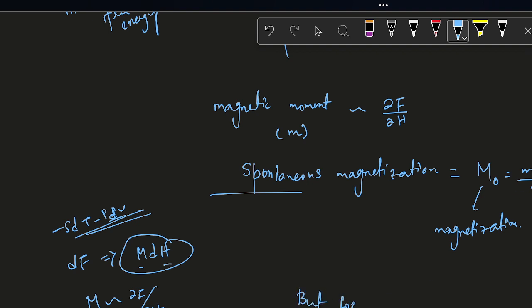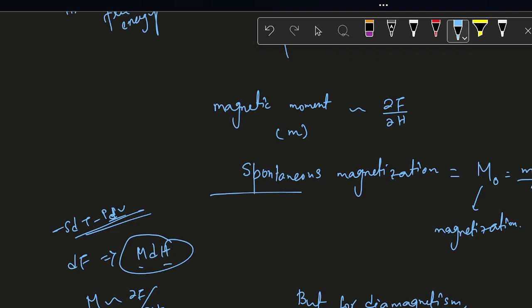But for diamagnets, that means it has no spin in the system, right? It has no uncompensated spin. For diamagnetism, electron spins are not present, or rather this is basically uncompensated spin.